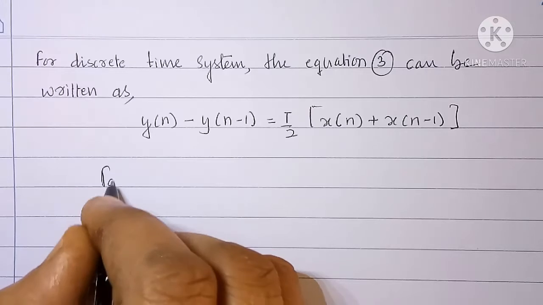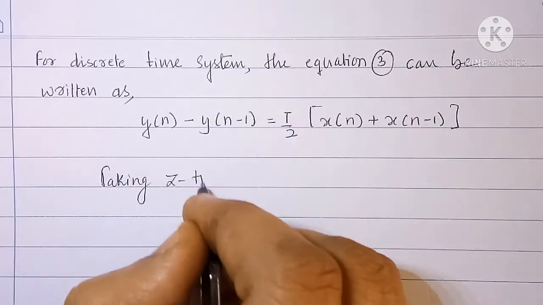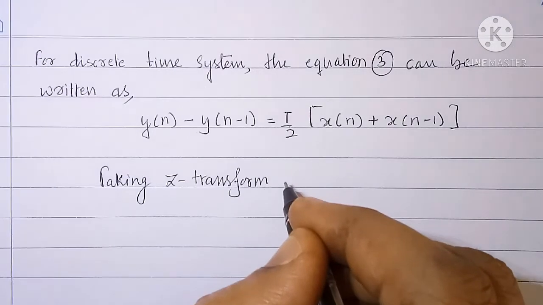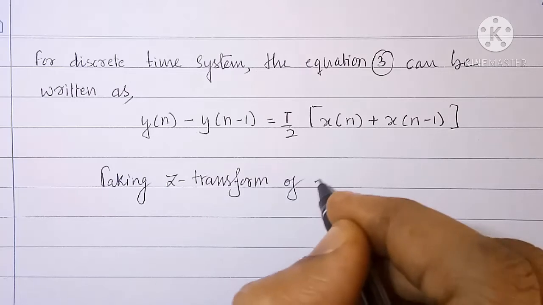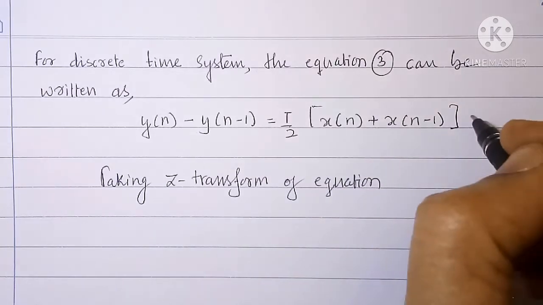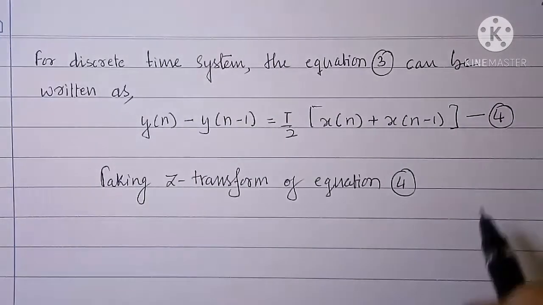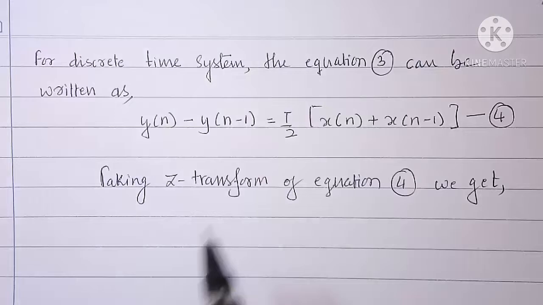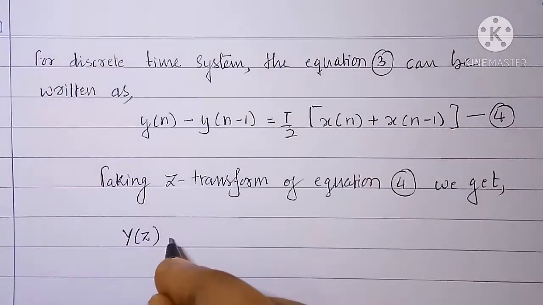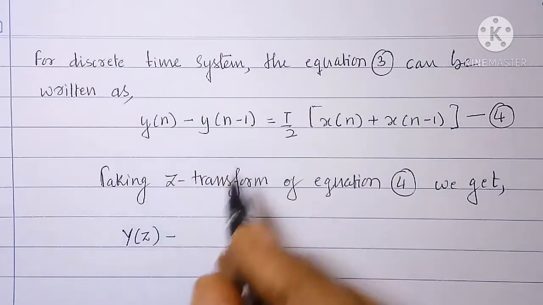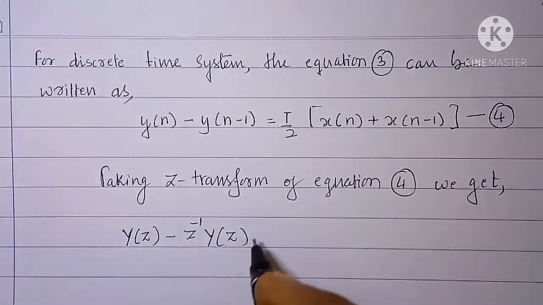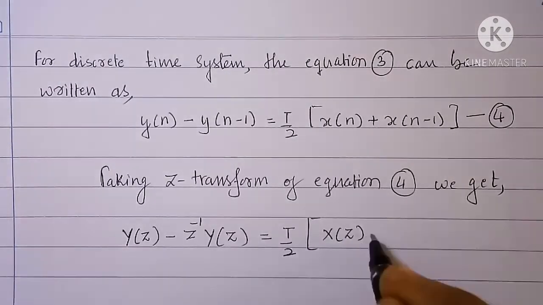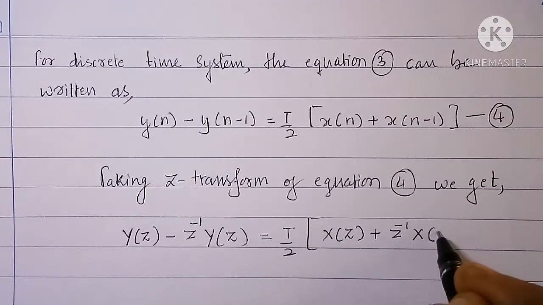Taking the Z transform of equation 4, we get: the Z transform of y of n is Y of z, the Z transform of y of (n minus 1) is z raised to minus 1 into Y of z, and T by 2 into the bracket X of z plus z raised to minus 1 into X of z.